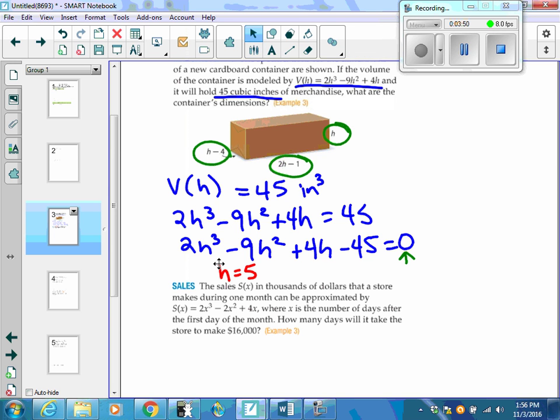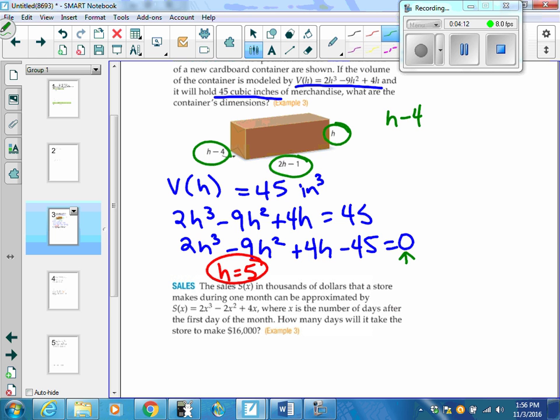Now we know that there are 3 solutions because this is a cubic function, but what happened is we've got 1 real solution and 2 imaginary solutions. So we don't count the imaginary because we have a real box here. So we know that h is equal to 5. We just substitute that into the expressions that we have for the sides of the box.